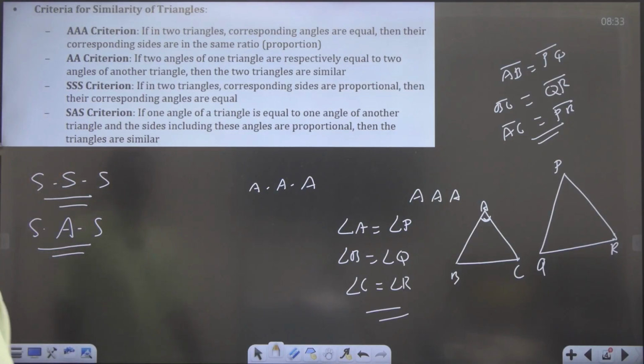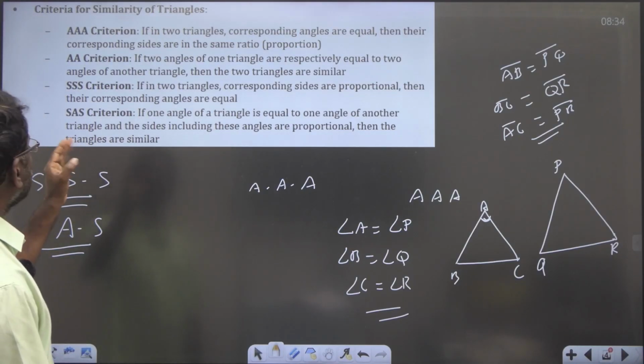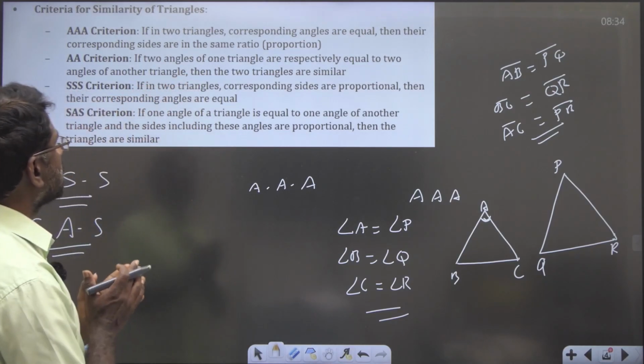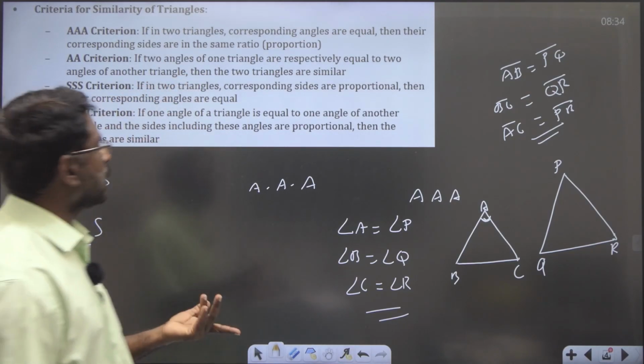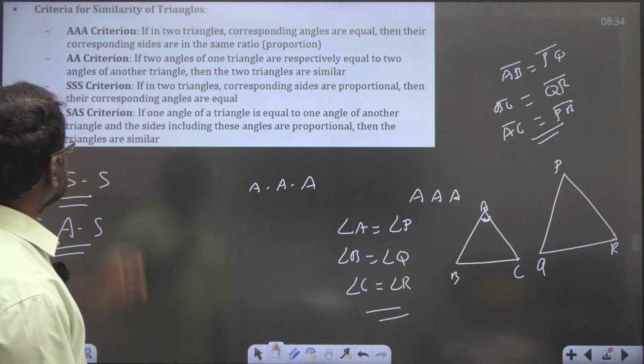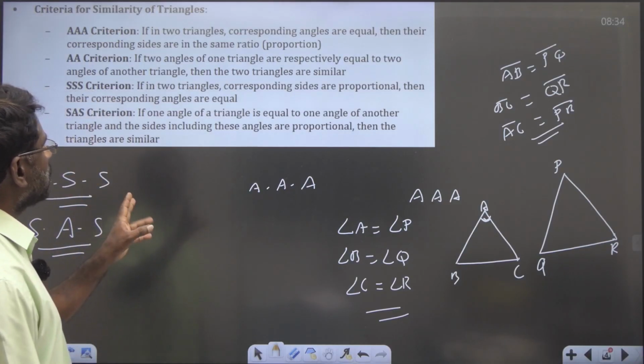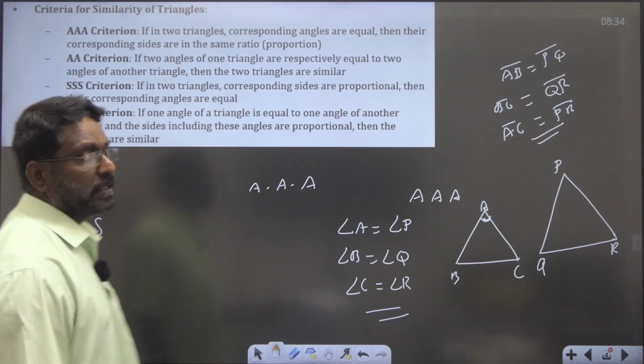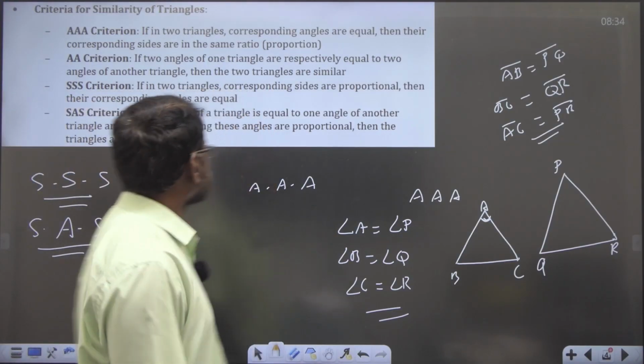AAA stands for angle, angle, angle. If in two triangles corresponding angles are equal, then their corresponding sides are proportional. AA criterion: if two angles of one triangle are respectively equal to two angles of another triangle, then the two triangles are similar.